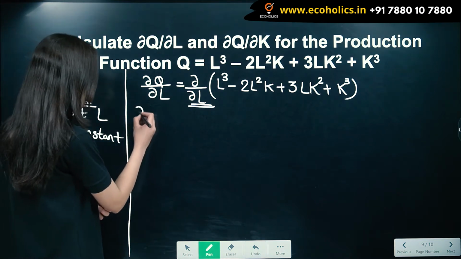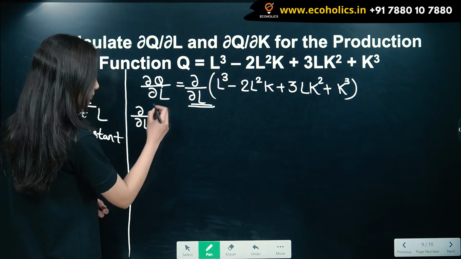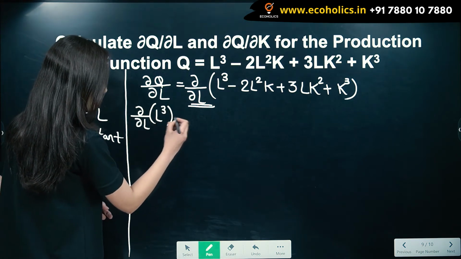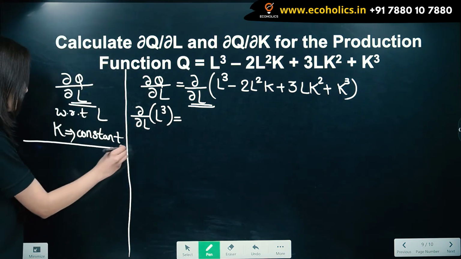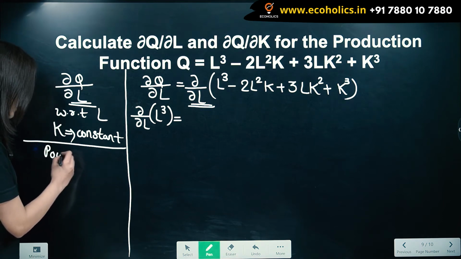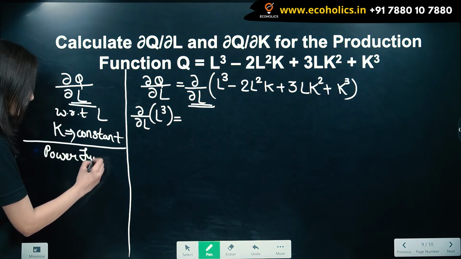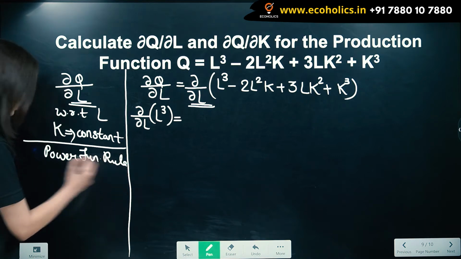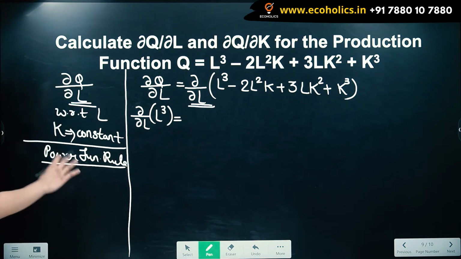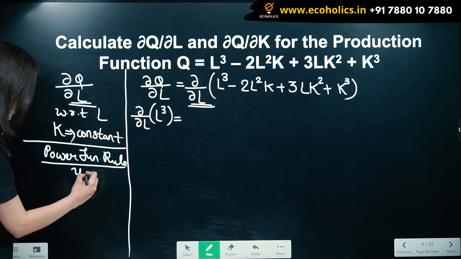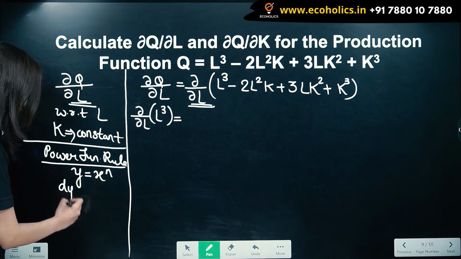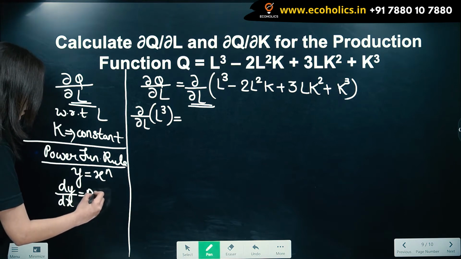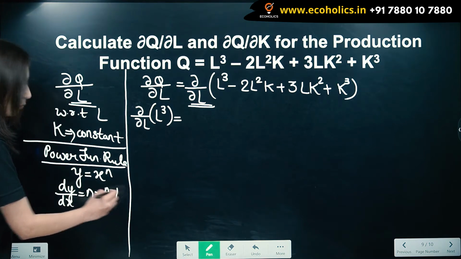So, the first term we have is L³. We will be using the power function rule of differentiation, which states that when y is equal to x raised to n, then dy/dx will be equal to n x raised to n minus 1.